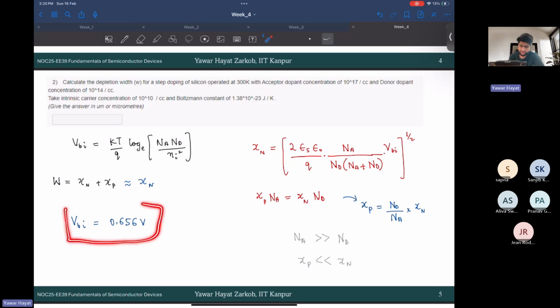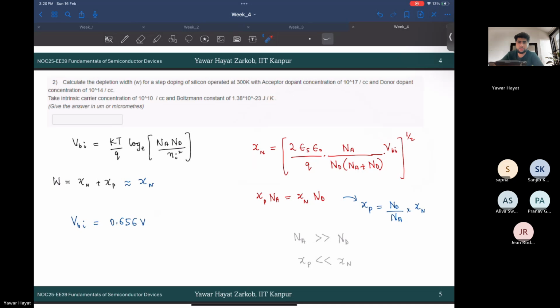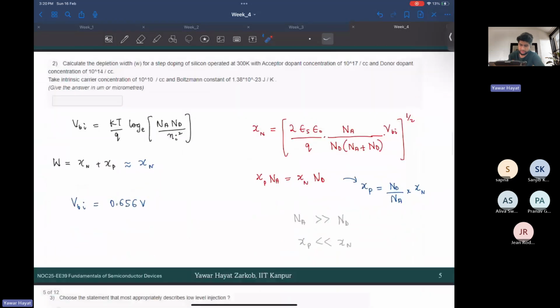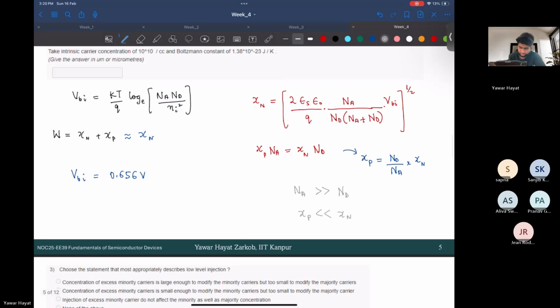Others may recheck this value. Those who answered can plug this value here. What will be the q value? Okay, q would be this, right? Let me write q. q would be 1.6 into 10 to the power minus 19 coulomb.